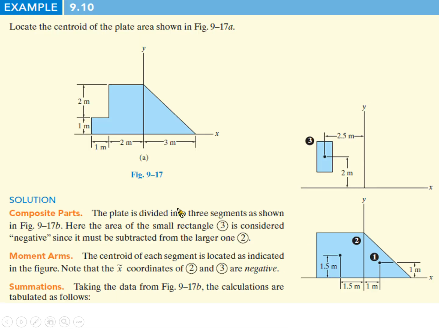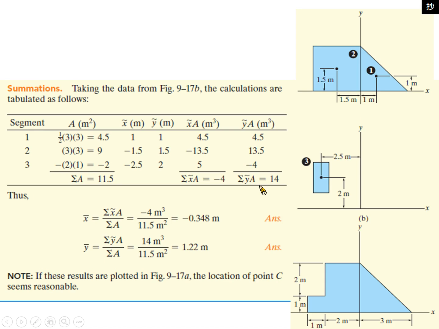Okay, so the overall procedure has been described in the previous slide. We add up the area to make segment 2 become a full square, and then we work out the effect for these two areas, and then later on we subtract the effect from the added segment, and then finally we can work out the centroid for this irregular shape.